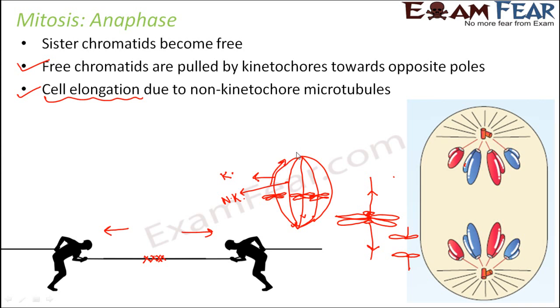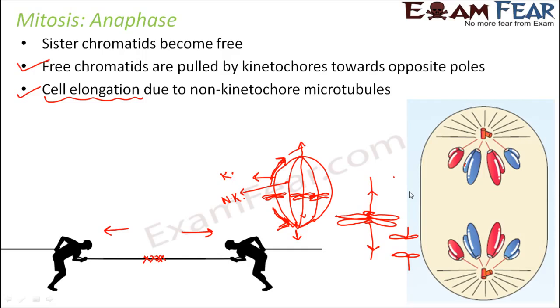So these sister chromatids will exert pressure this side, this will exert pressure this side, but at the same time this non-kinetochore microtubule is also there. So somebody is pushing it this side, somebody is pushing it this side, and somebody straight is standing here. So what will happen as a result? A force on this side, this will move slightly this side, a force on this side, it will move slightly this side. As a result, cell elongation will take place.